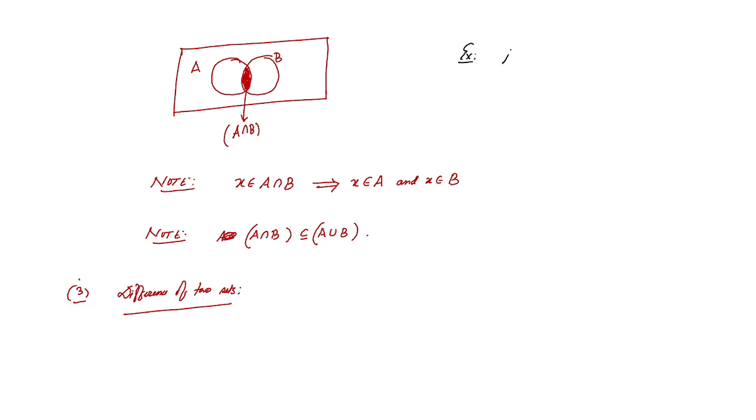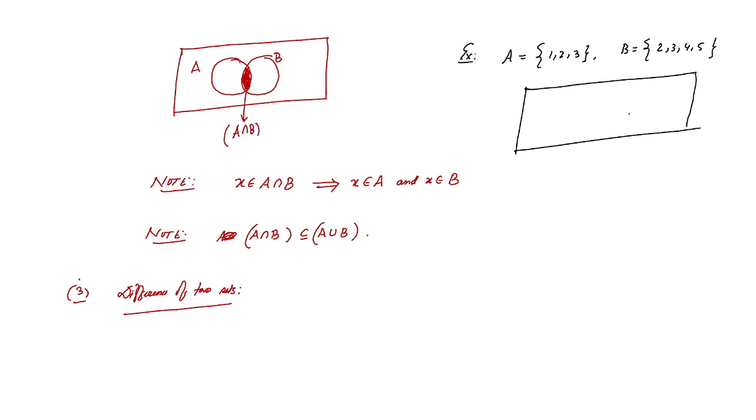For example, A is 1, 2, 3 and B is 2, 3, 4, 5. So now if we draw the diagram, this is your A and this is your B. A contains 1, 2, 3, B contains 2, 3, 4, 5.